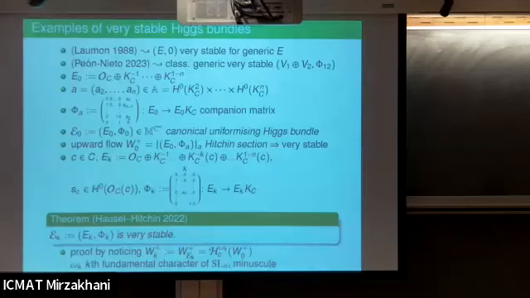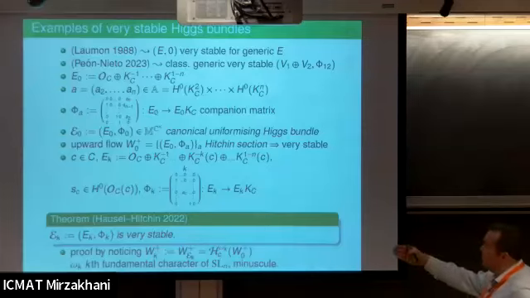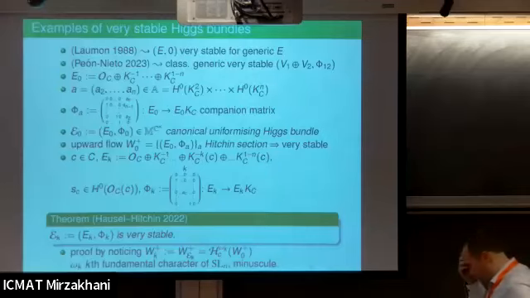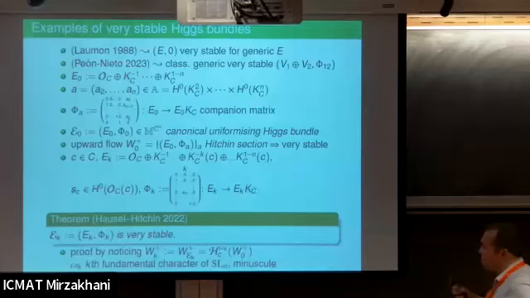Okay, so that gives us examples of very stable Higgs bundles. And what I'm going to do next time, I will understand these upward flows and the Hitchin map on them explicitly, but I have motivated that on the previous slide in terms of the equivariant cohomology of Grassmannians.